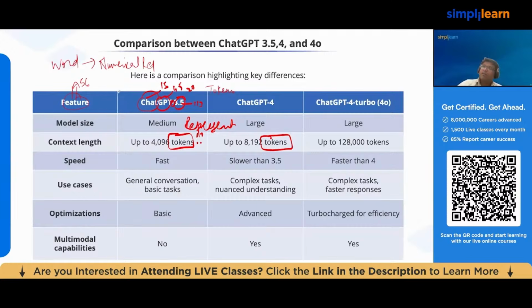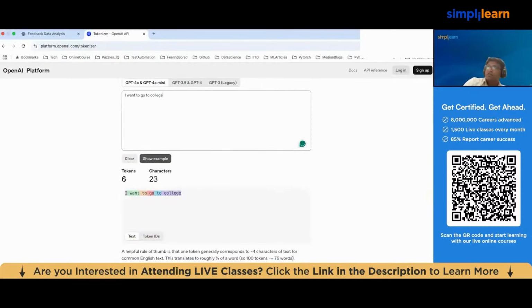When you pass a feature like ChatGPT, you pass an array containing all these numbers, something like 56, 15, 45, 20, which in turn stands for the feature, ChatGPT, and your 3.5. That is how it is represented. In the example "I want to go to college," you can see there are 6 tokens, and these would be represented as token IDs.